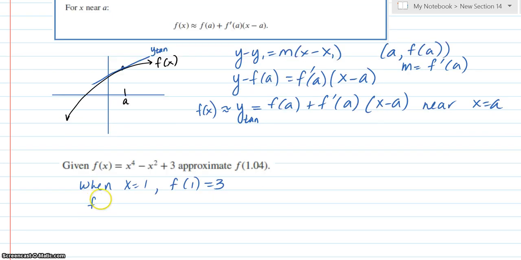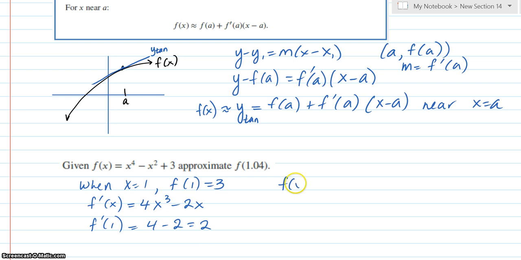And f prime of x first, just to figure out the formula, that would be 4x cubed minus 2x. The derivative of 3 is 0. So f prime of 1 is just 4 minus 2, which is 2. We have all the pieces.